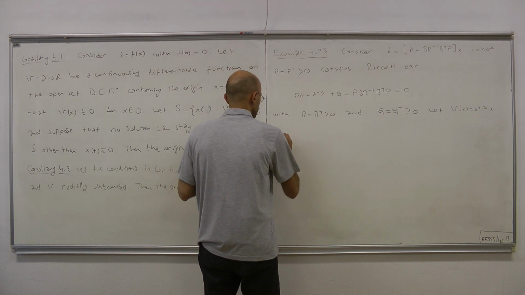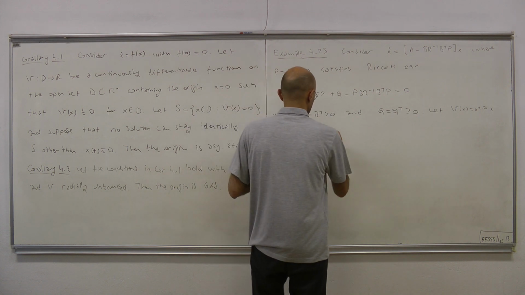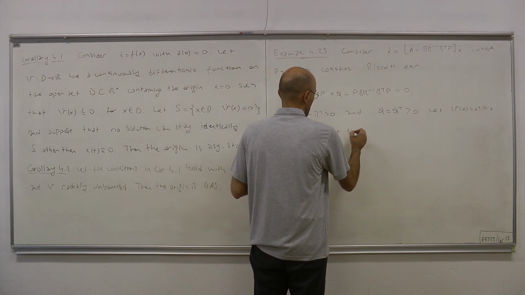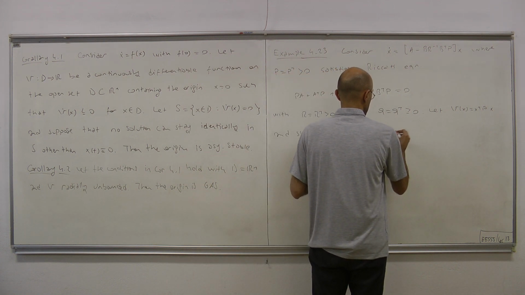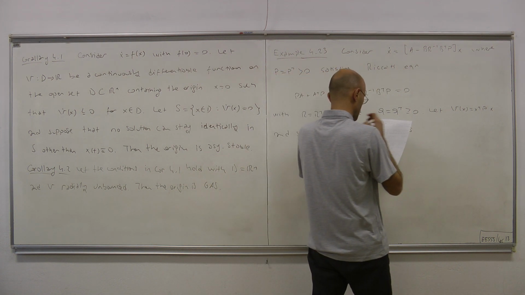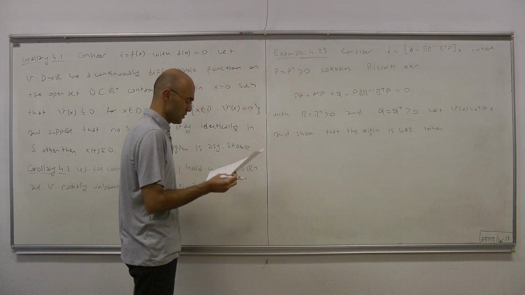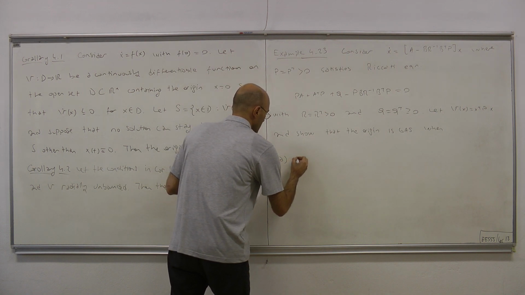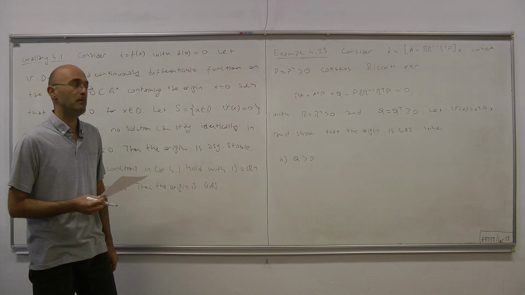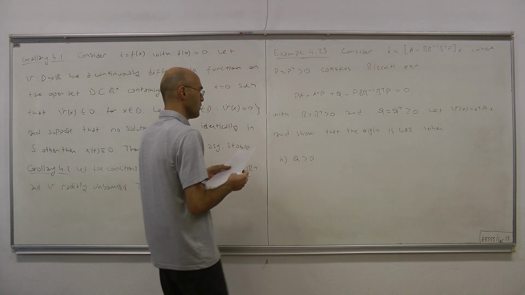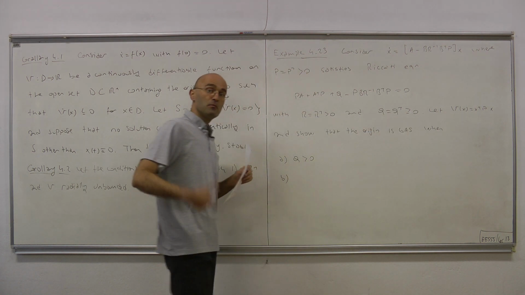And show that the origin is globally asymptotically stable when either one of the following conditions holds. A: Q is a positive definite matrix. Not only positive semi-definite but positive definite.